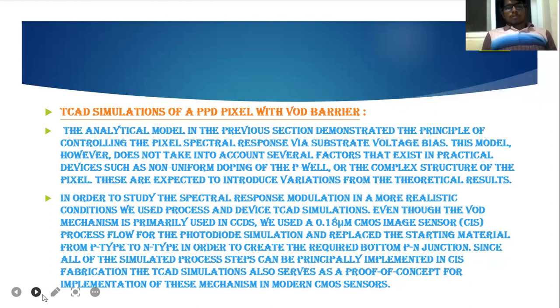In order to study the spectral response modulation in more realistic conditions, we use process and device TCAD simulations, even though the VOD mechanism is primarily used in CCDs. We usually use a 0.18 micron CMOS image sensor process flow for the photodiode simulation.